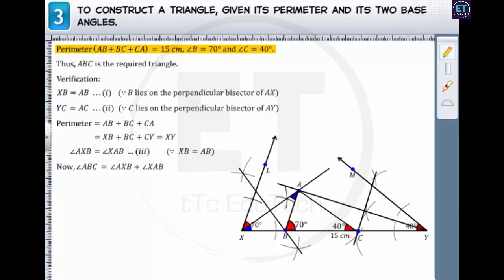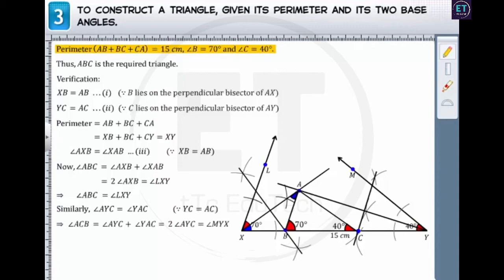From equation 3, this is equal to twice angle AXB, which is equal to angle LXY. Thus, angle ABC is equal to angle LXY, which is equal to 70 degrees. Similarly, we have angle ACB is equal to angle MYX. Therefore, the triangle ABC is the required triangle.